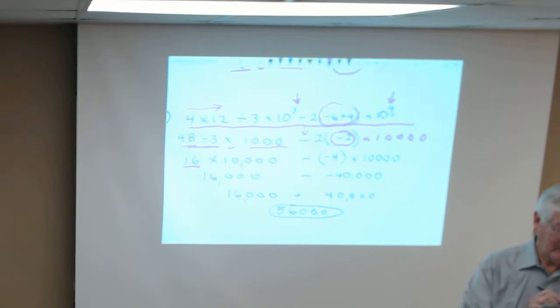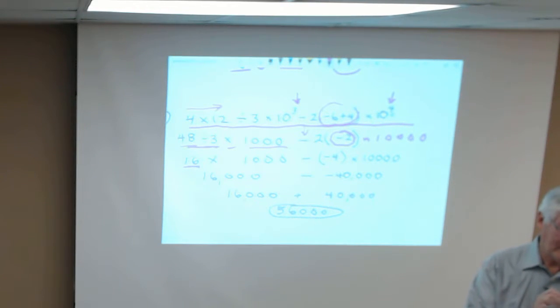Where did I get 10,000? From 10 to the 4th. 16 times... That wouldn't be 10,000, would it? Maybe 1,000. That would be 1,000. Yeah. I don't know what I'm doing.